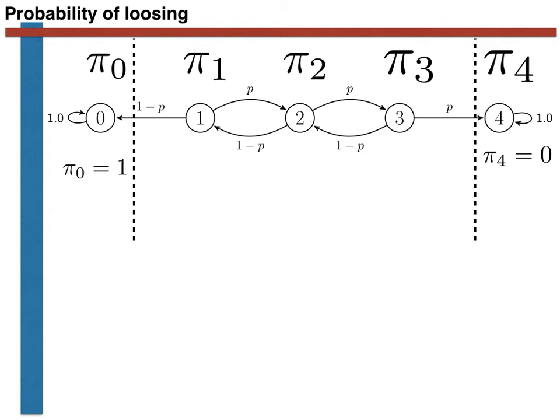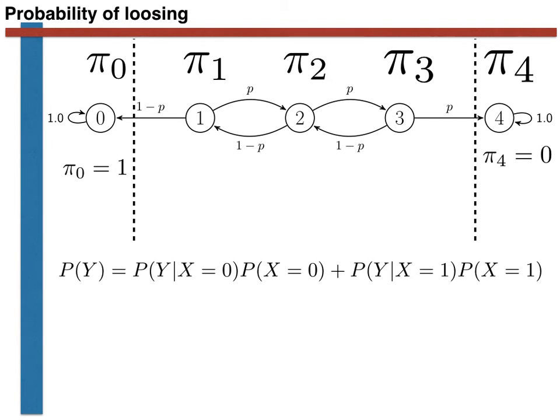We can calculate the value of the random variable Y that tells us if the gambler is ruined at the end of the session or not, by conditioning on a second random variable, capital X. In this case, this second random variable, capital X, will be the outcome of the first game, which will have a value of 0 or 1, as the gambler will either win or lose this first game. The partition theorem tells us that the probability Y takes a particular value, i.e. the probability of ruin, can be calculated using the expression shown here.